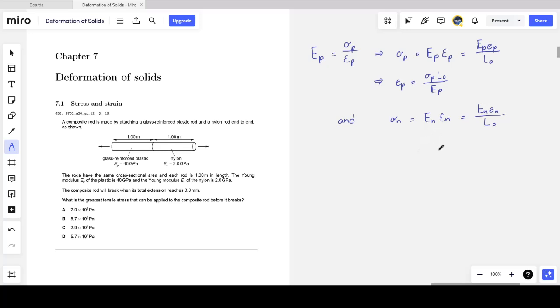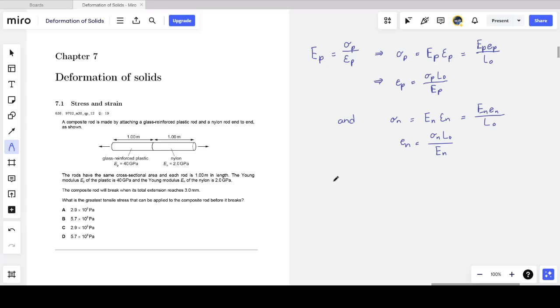A lot of mathematics here. But I can then write an expression for the extension of nylon. It's equal to the stress felt by the nylon end of the rod times the original length L0 divided by Young's modulus for nylon, En. Notice I'm using little n for extension and big N for Young modulus, as is the notation convention.